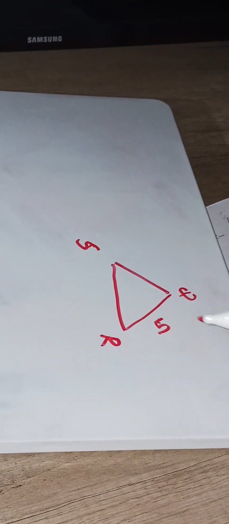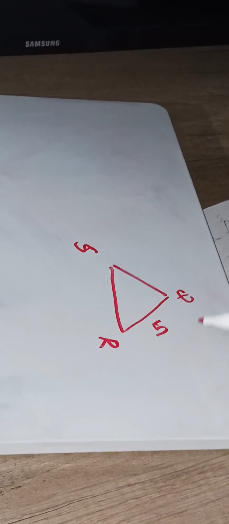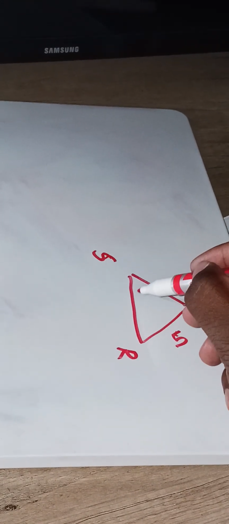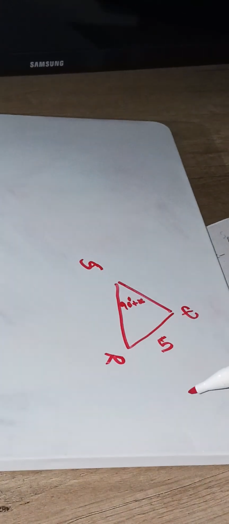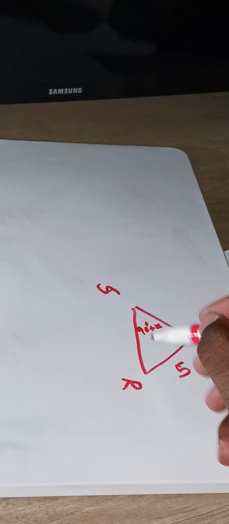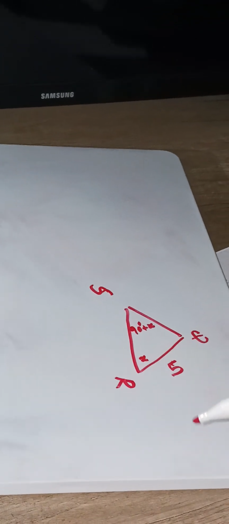We have our QR being 5, and we have our angle S being the 90 plus X, and then we have our angle R being X.